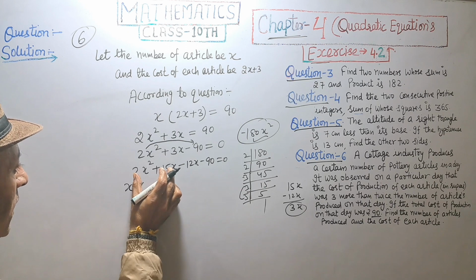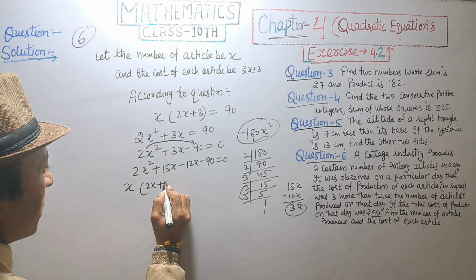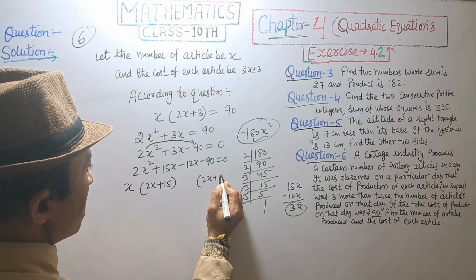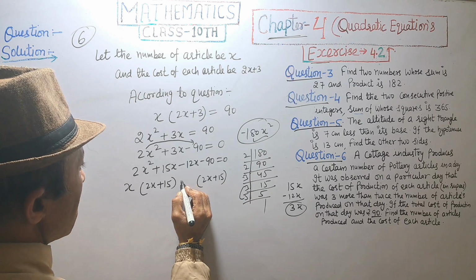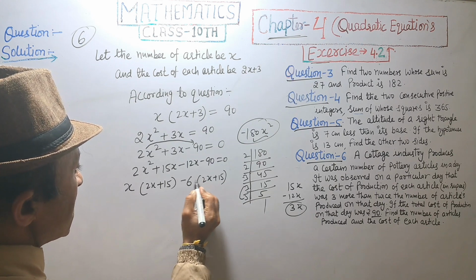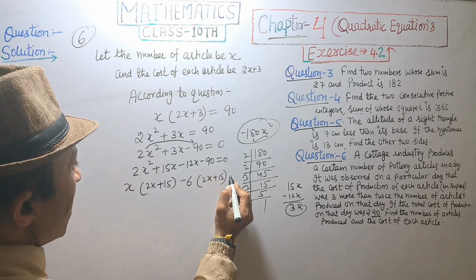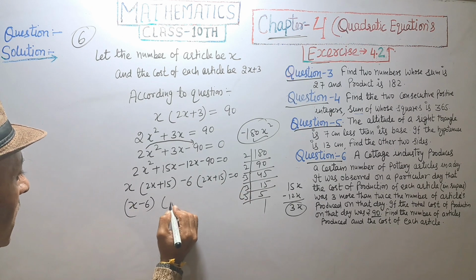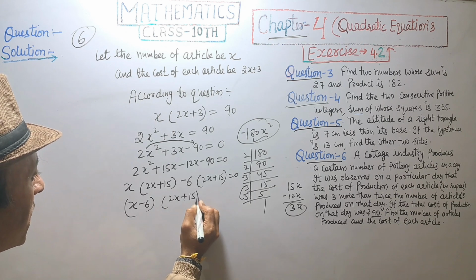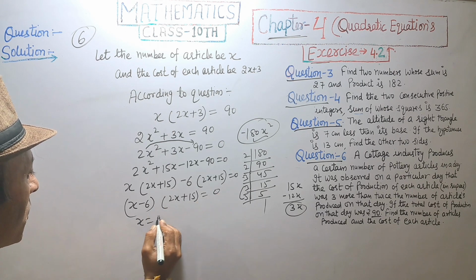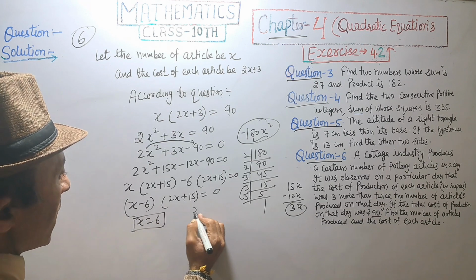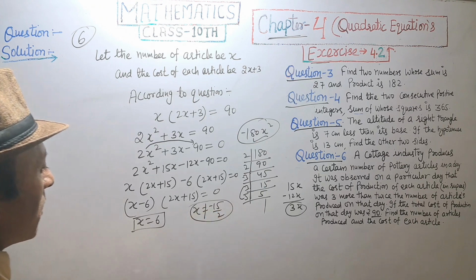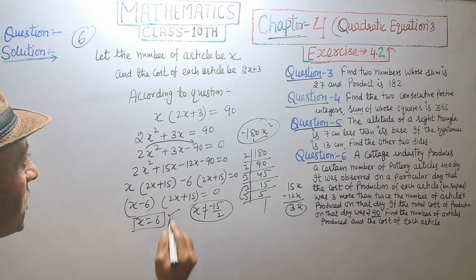X is common in this, so 2x plus 15 in bracket, and 2x plus 15 in bracket, minus 6 is common. 6 2s are 12 and 15 6s are 90, equal to 0. X minus 6 one time, 2x plus 15 one time equal to 0, x equal to 6, and x is equal to minus 15 upon 2. This is neglected, but x is equal to 6.